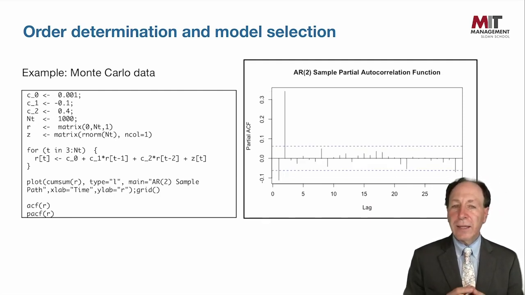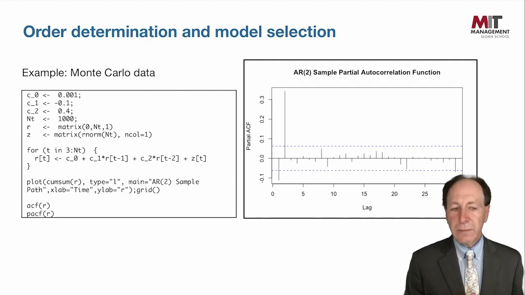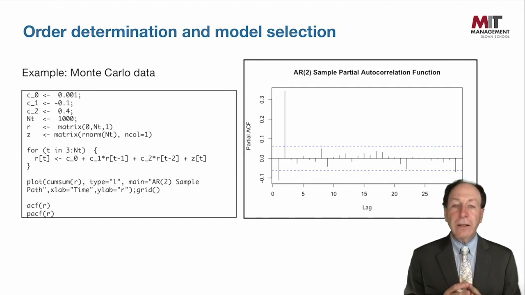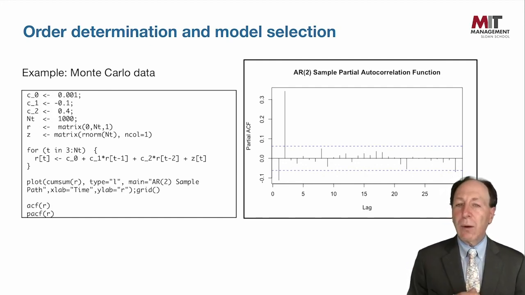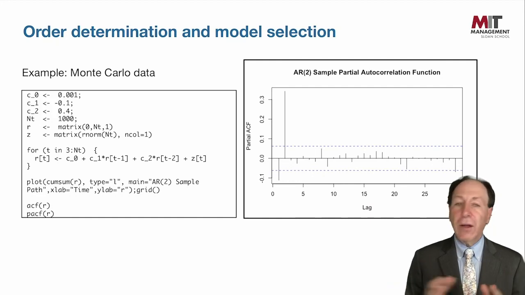And then we take a look at the partial autocorrelation function. And we see that we have non-negligible terms for lag 1 and for lag 2, and everything else is not statistically significant.